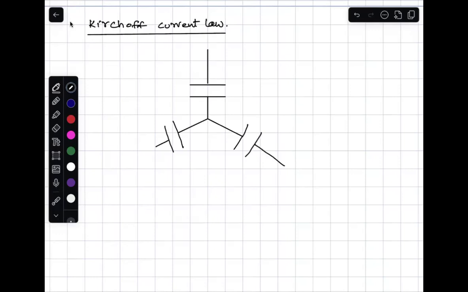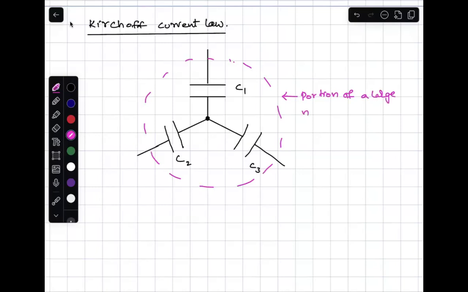This is some junction. Capacitor C1, capacitor C2, capacitor C3. Remember, this is a portion of a large network or circuit.